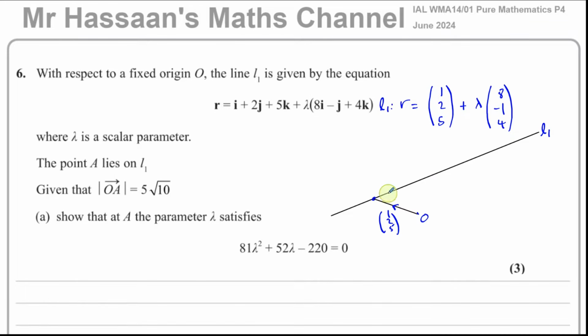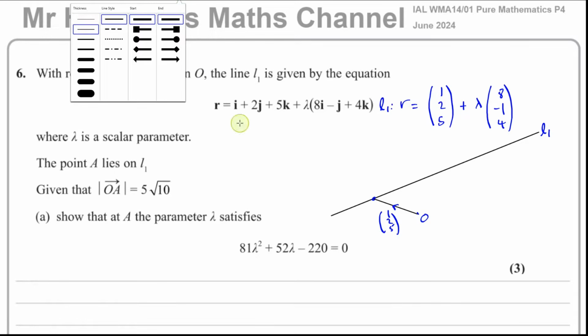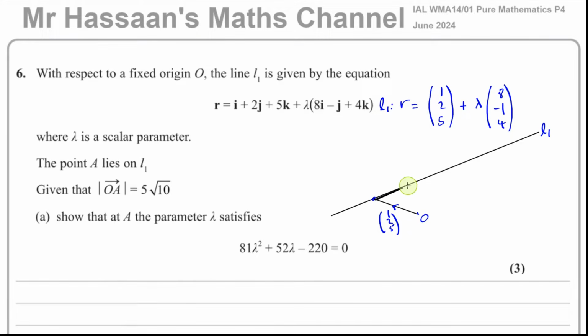And (8, minus 1, 4) would be a vector along the line somewhere.